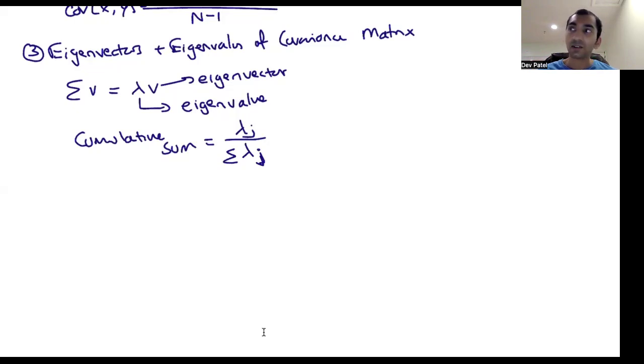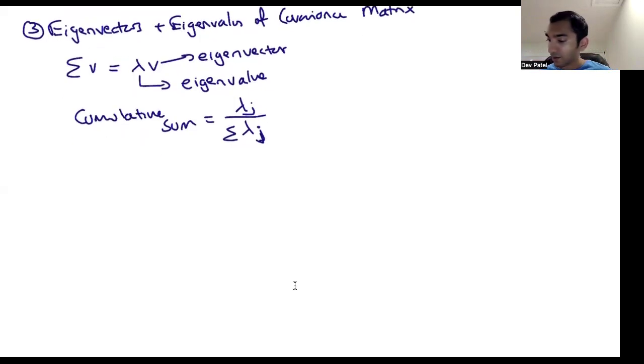And if you want to know how much the first and the second measure, then you simply add the eigenvalue of the second eigenvector and divide by the sum of the eigenvalues. So that's the cumulative sum.